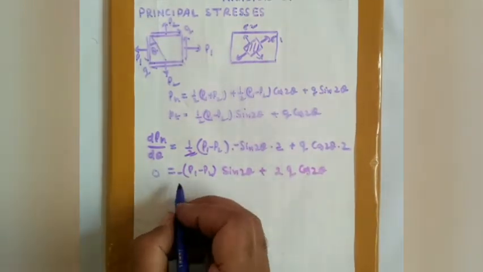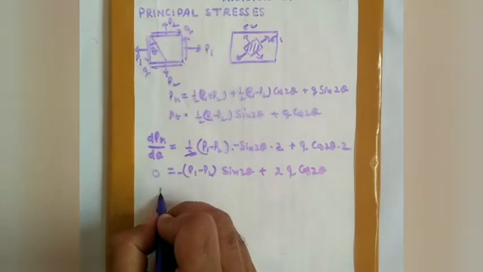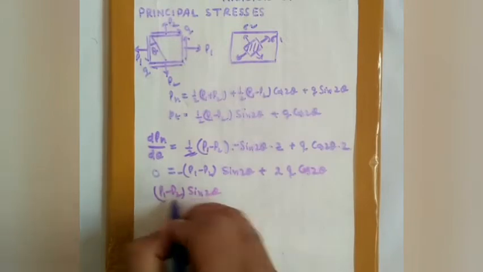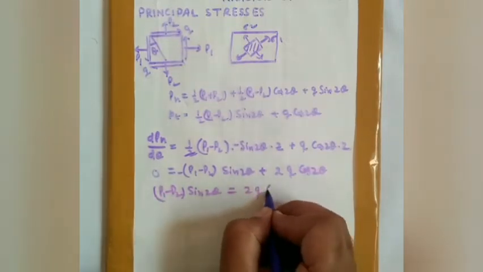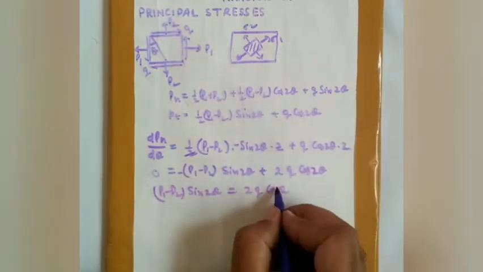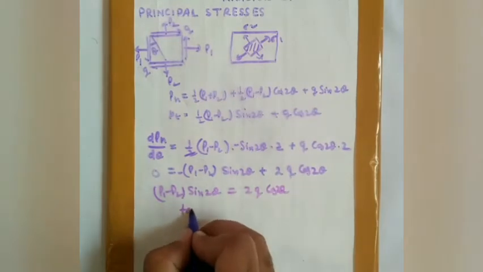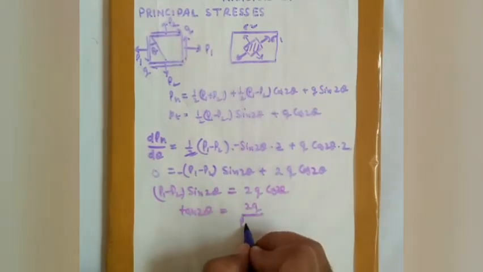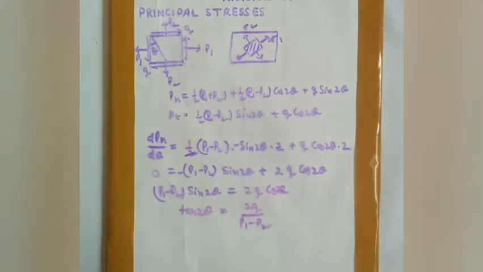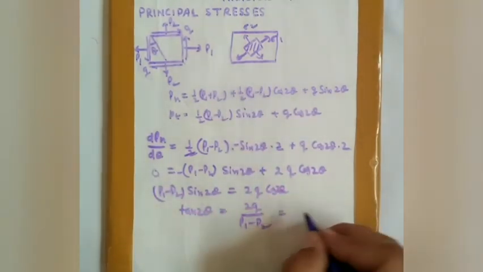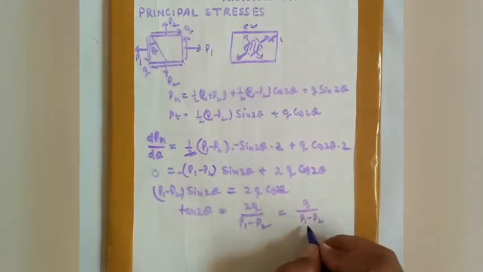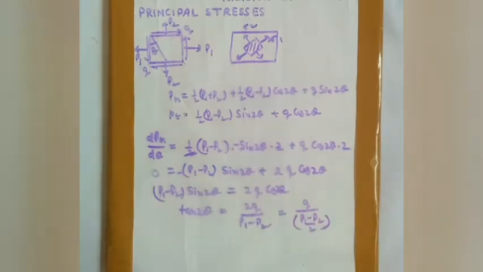So we get (P1 minus P2) sine 2 theta is equal to 2q cos 2 theta, or tan 2 theta is equal to 2q by (P1 minus P2), which we can write as q by (P1 minus P2)/2.